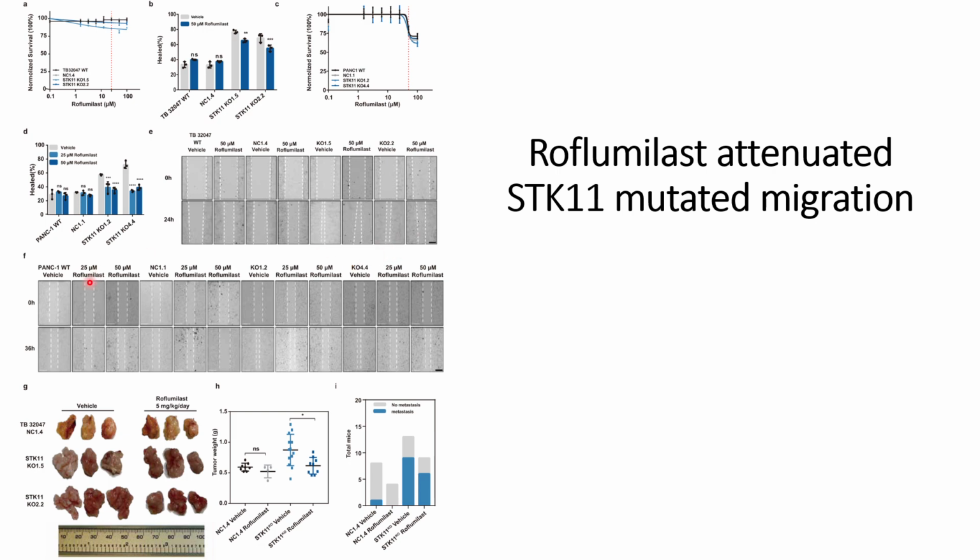And when they did the same experiment on the pancreatic cancer cells at different concentrations of Roflumilast, they see a similar difference in the migrations.